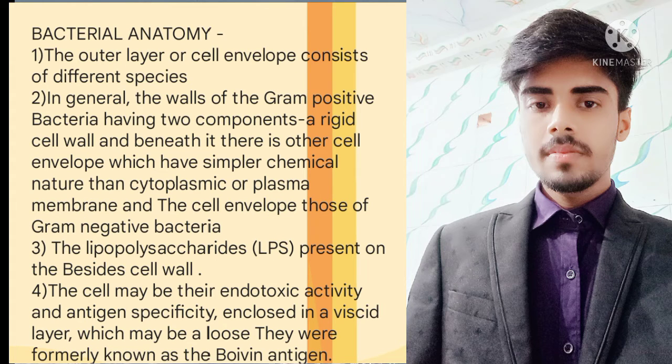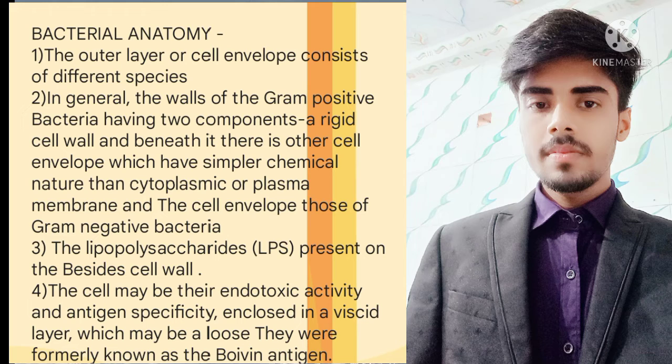Now we will discuss bacterial anatomy. The outer layer, also known as the cell envelope, consists of different layers. In general, the wall of Gram-positive bacteria has two components: a rigid cell wall, and beneath it the cytoplasmic or plasma membrane.